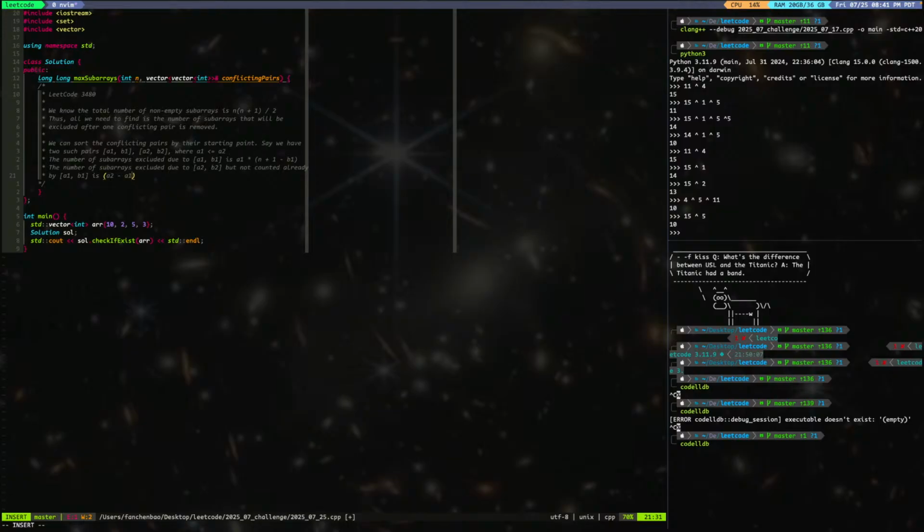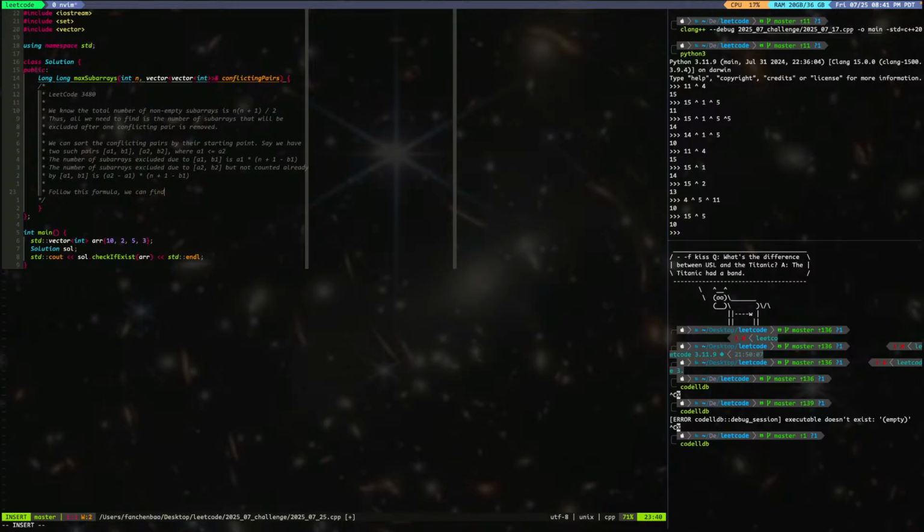Yes, A2 minus A1 plus 1, then it's A2 minus A1 times n plus 1 minus B1. Right? So follow this formula.